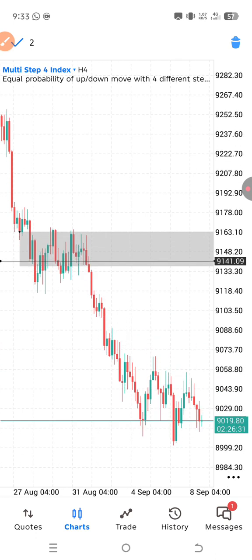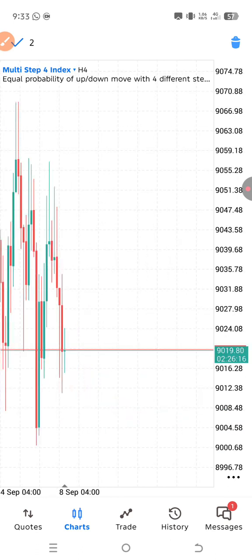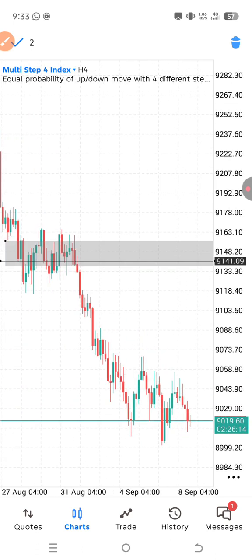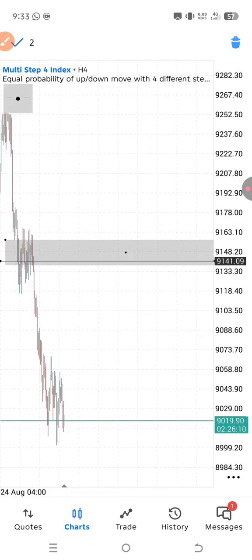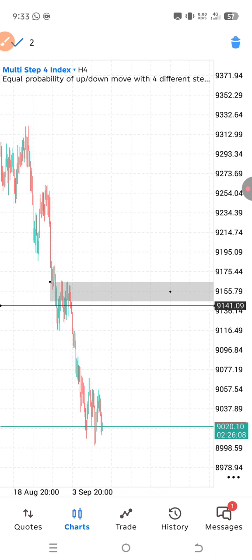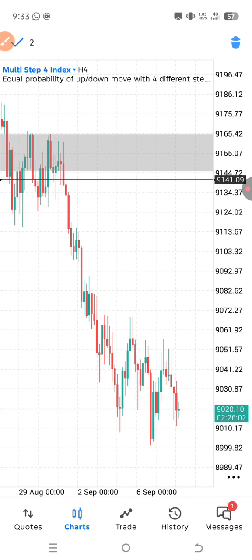This order block, you know what order block means. I am not here to teach order block, but I am sure you do. If you don't know what order block means, you can check out some of my videos on the explanation of order block. If you look carefully at this very order block you are seeing here, it is in line with the resistance line we drew.